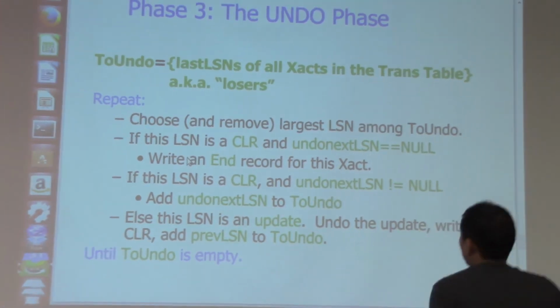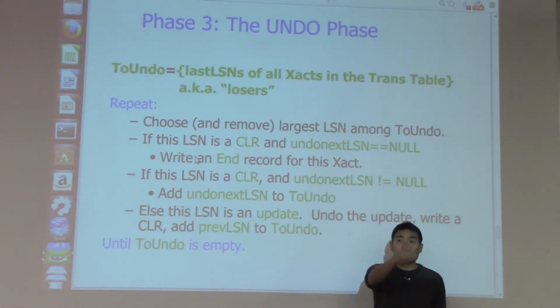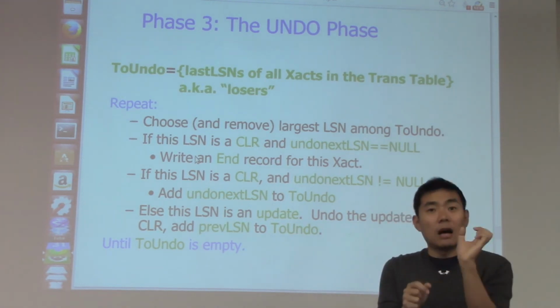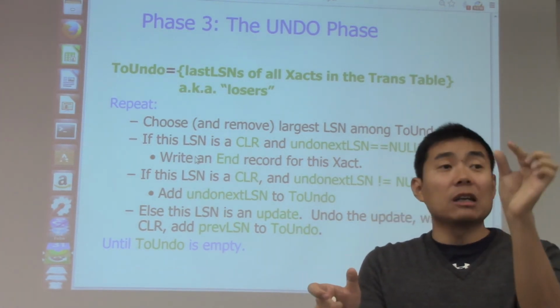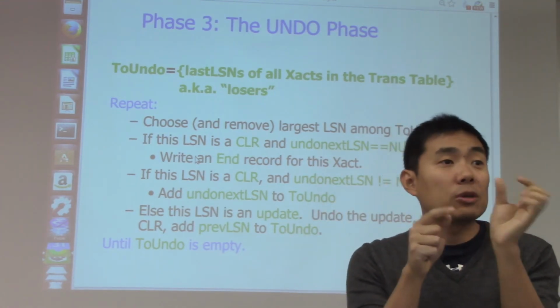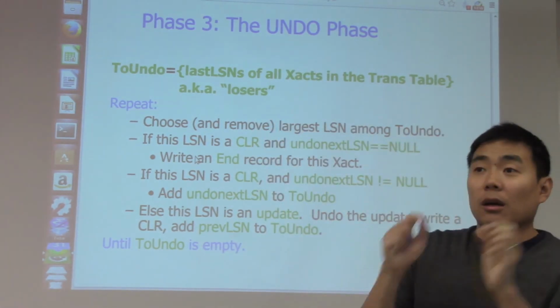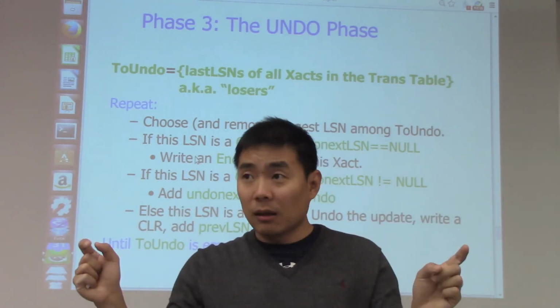So how do I undo? Well, very simple. Pretty much like the normal abort operation. When you undo an update log record, you write a CLR. When you see a CLR, you don't undo it, you do nothing, but you look at the undoNextLSN and add it back to this queue. If you undo an update log record, you undo it, you write a CLR, and what?